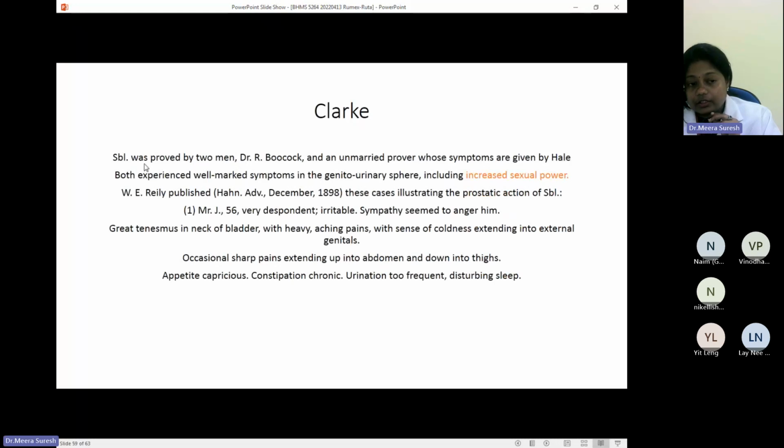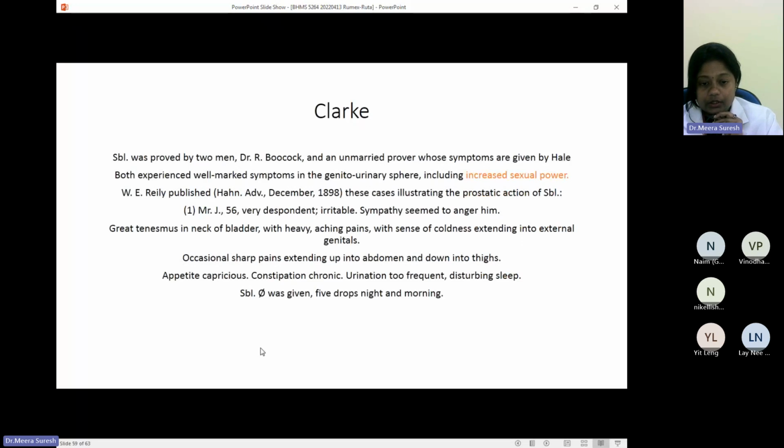Another proving was on two unmarried men, and they had action in the genitourinary sphere, including increased sexual power. Another condition illustrating the prostatic action: the urinary complaints, great tenesmus in the neck of the bladder, sensation of coldness extending to the external genitals.